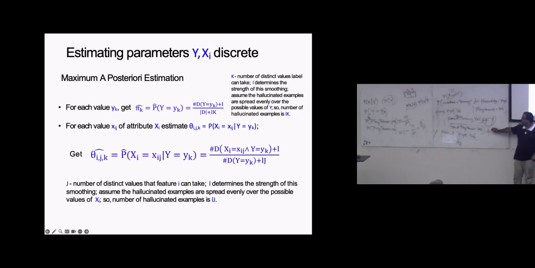For example, if your number of distinct values is k, and I determines the strength of the smoothing. Forget the smoothing part. Just think about the different kinds of values. You are adding 1 to k different values.